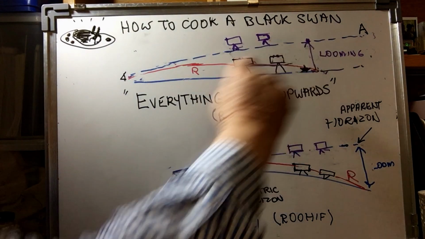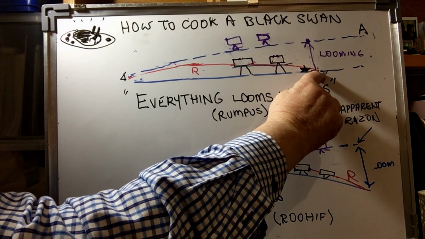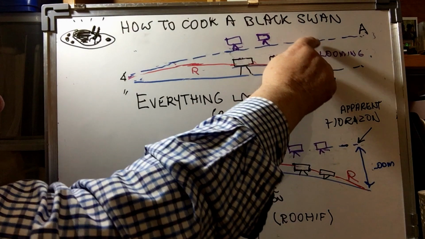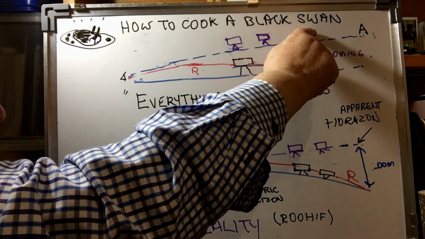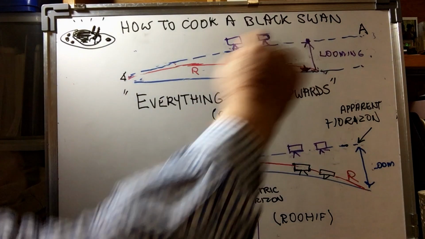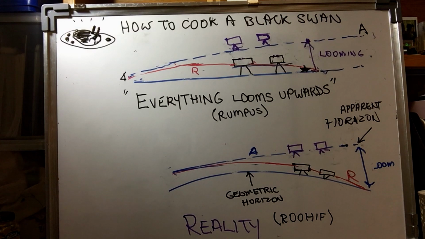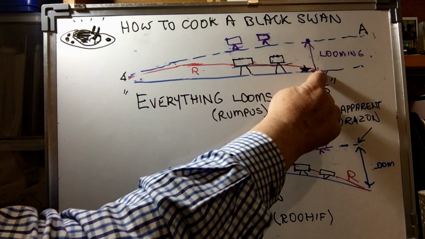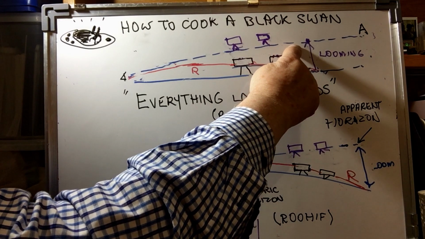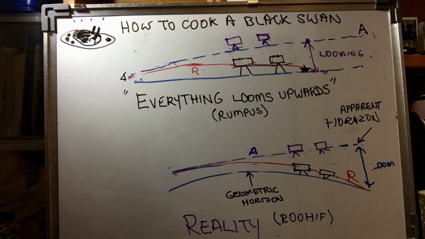What they're really seeing is this thing bent, looming up here. So this is what it looks like apparently. That's the apparent view of it. To their brain, for all the world, it looks as though it's up there. In fact, it's not. The actual image is down here. You're looking at this up here, you're actually looking down here.